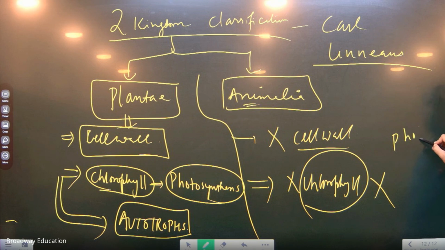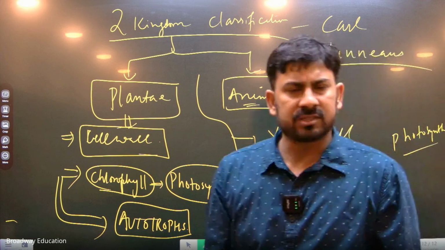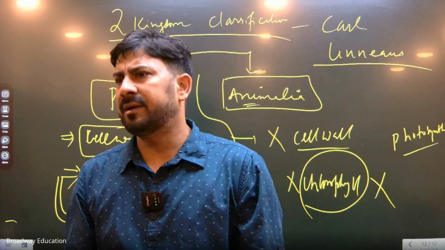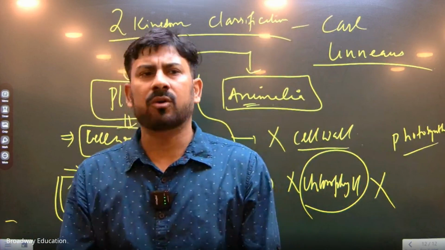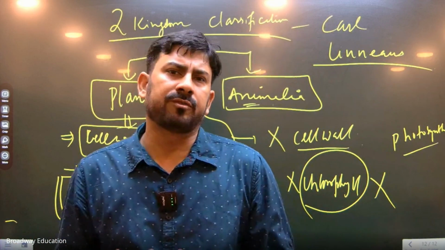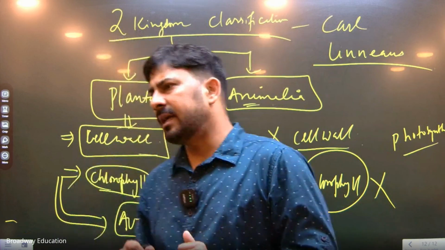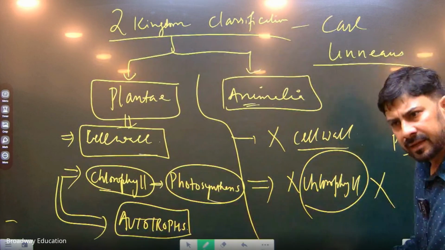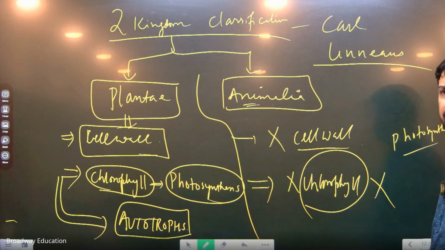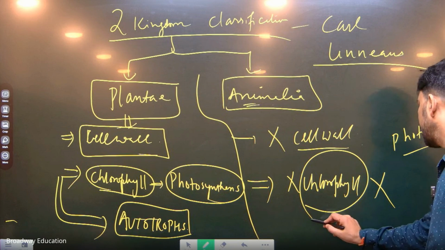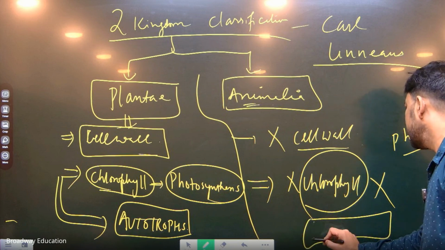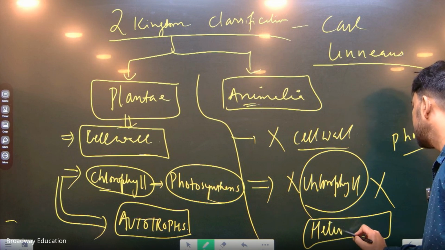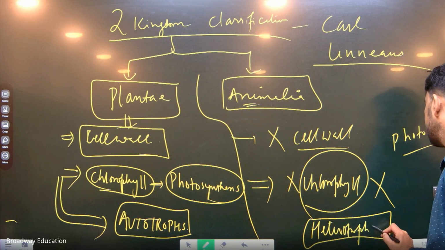And when they don't perform photosynthesis, they have to be dependent upon other organisms for the mode of nutrition. Is this part clear? And hence they can be called heterotrophs. So we can write it down here: called as heterotrophs.